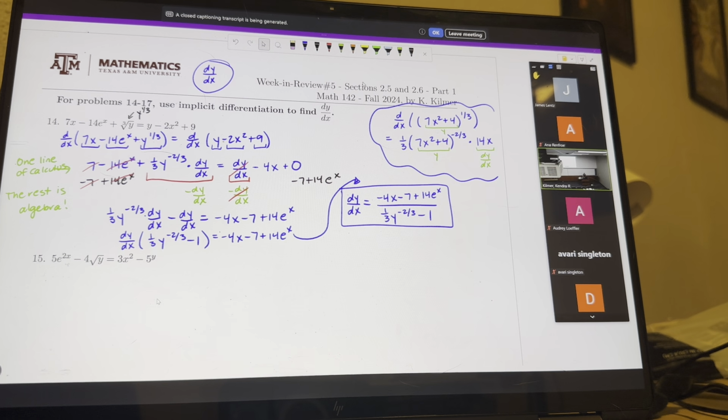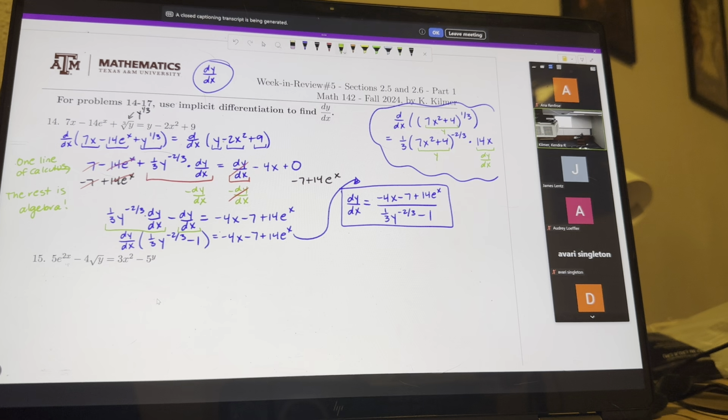Yes, James? How did you get the -1? So the -1 came from right here. Are you good with this line that I have written here? Yes. Okay. So when we got that line, the next step was to look at these two terms and factor a dy/dx out of both of them.